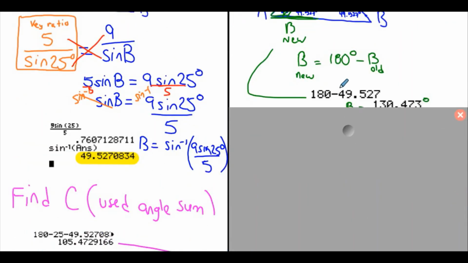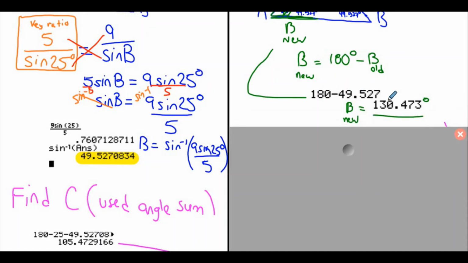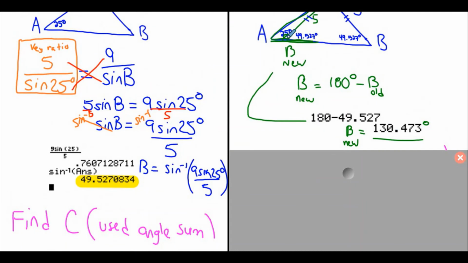I just take 180 and I subtract 49.527 from over here, and I get that new B is 130.473 degrees. Well, that's important to understand. That's the critical piece. Notice that it is obtuse, and that's obtuse. So the pieces fit in where they should.